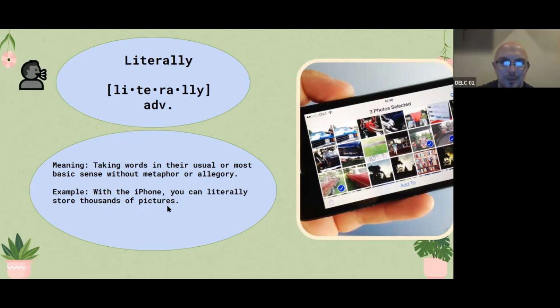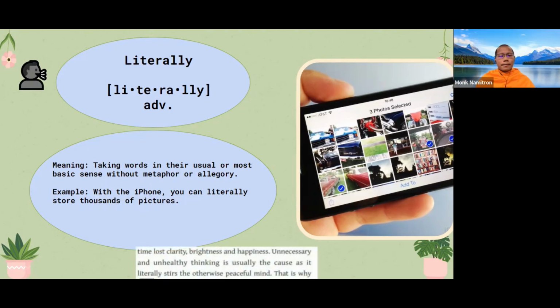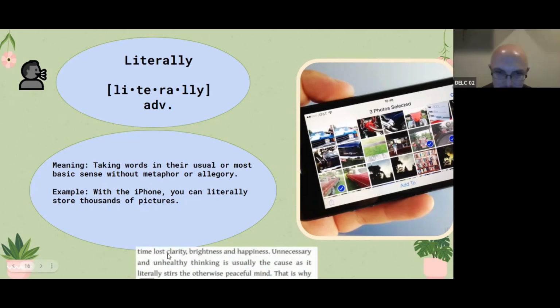And one more time, can we say literally? Literally. And so here he says, time lost, clarity, brightness, and happiness. Unnecessary and unhealthy thinking is usually the cause, as it literally stirs the otherwise peaceful mind.